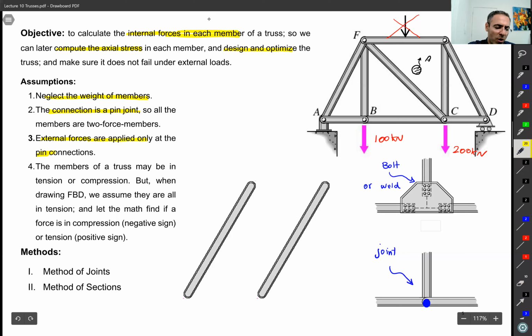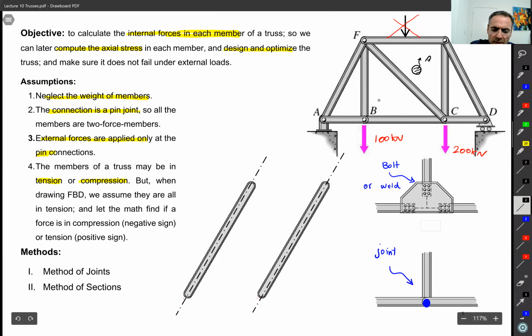And then the last one is, based on the external load that you apply, a member, by member I mean these links, is either under tension or compression. As we said before, let's say this link here and this one.